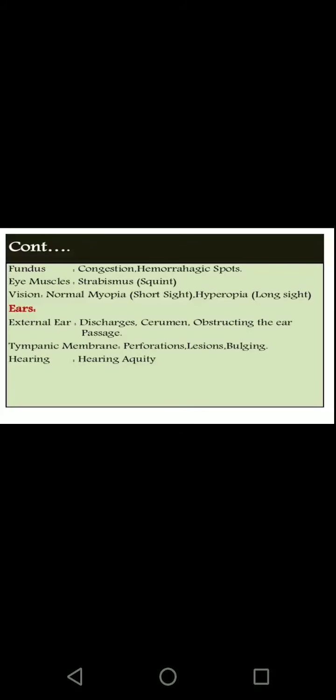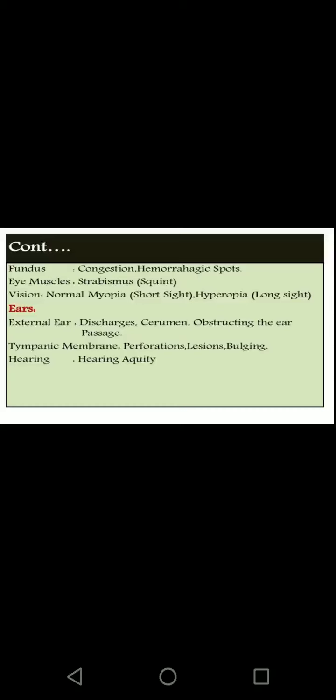There are two types of tests, Rinne's test and Weber's test. Rinne's test compares the sound transmitted by air conduction to that transmitted by bone conduction through the mastoid. Air conduction should be greater than bone conduction.